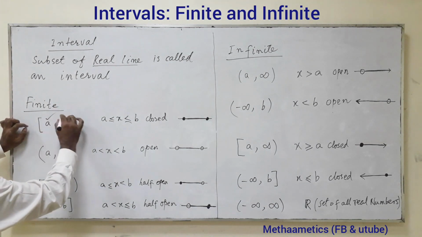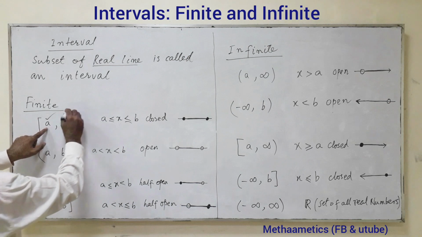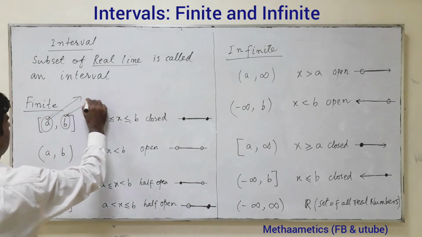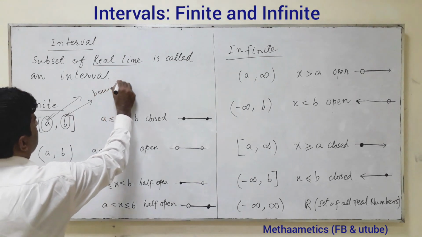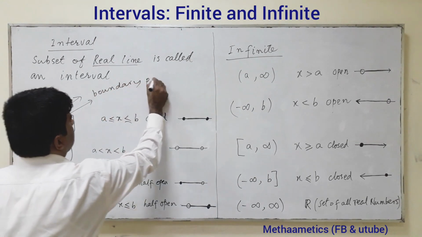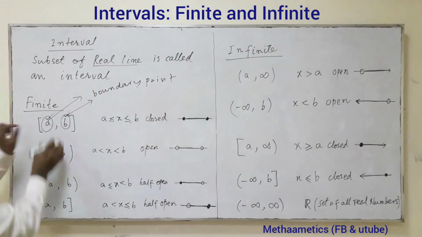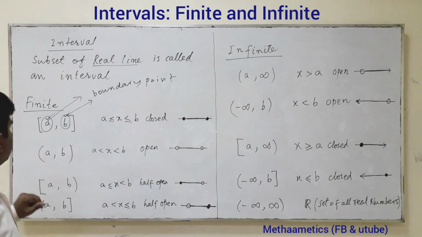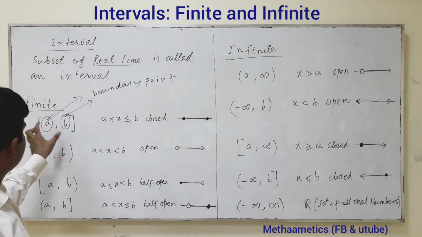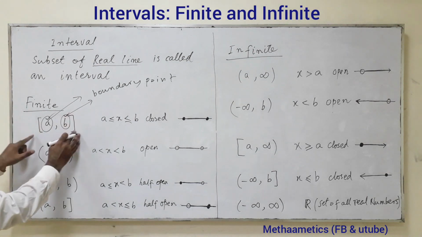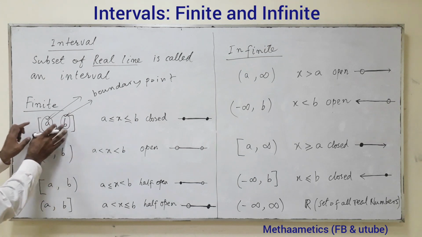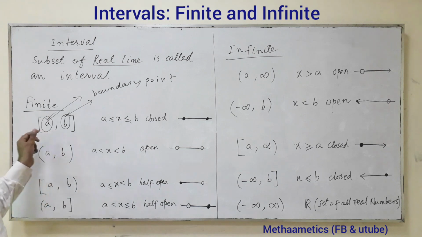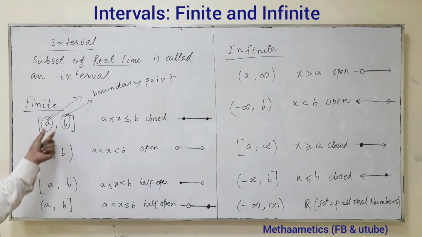These points A and B are called the boundary points, and all points between them or in them are called interior points. Here we have this interval. When we have the square bracket, we say it is a closed interval. A closed interval means an interval which includes these two numbers as well.